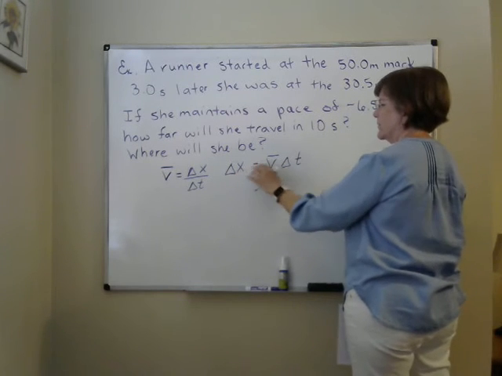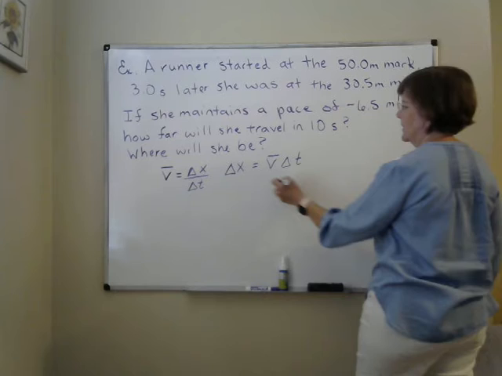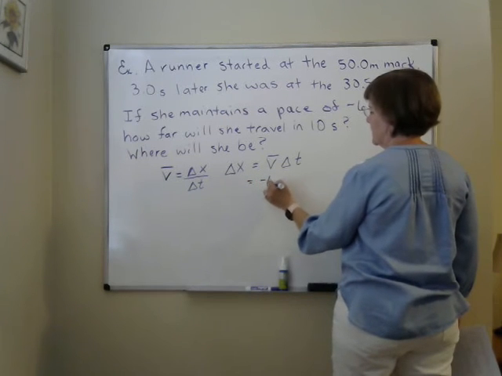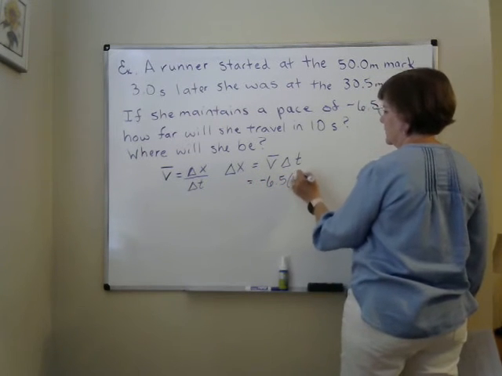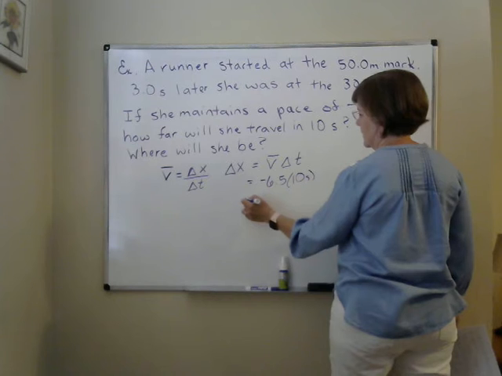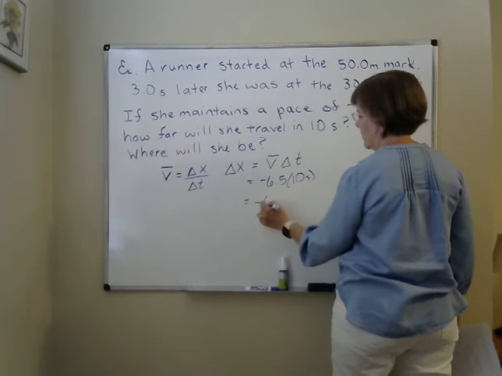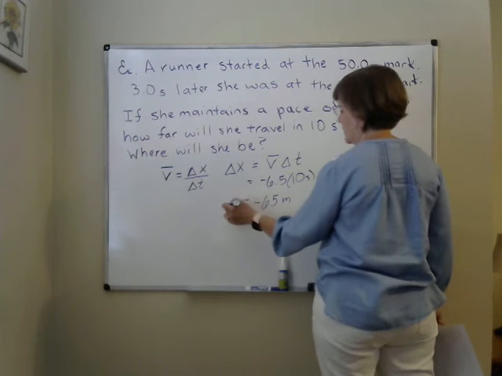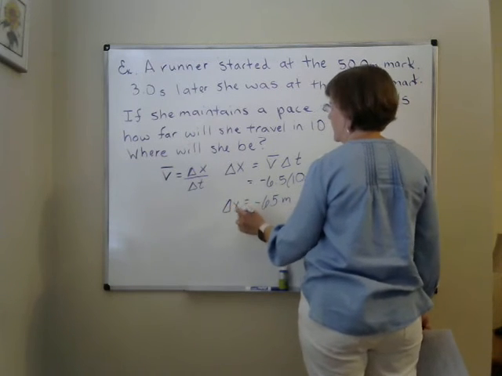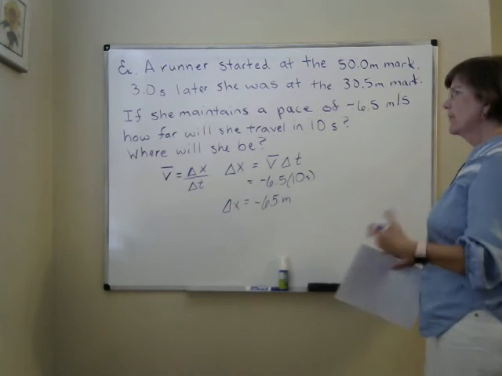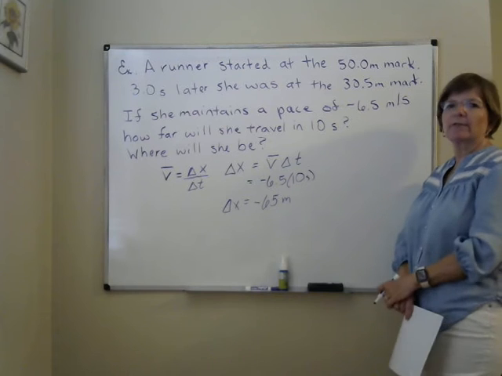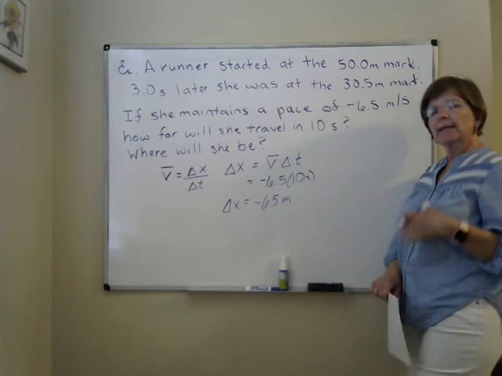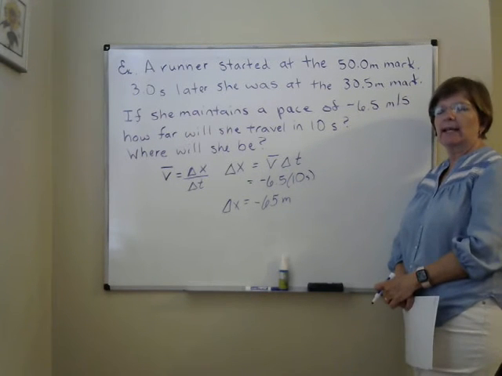How far you travel is your velocity times your time. So here we have negative 6.5 for 10 seconds. She's going to travel, or have a displacement of, negative 65 meters. If we just want the question how far she travels, you could say she traveled 65 meters. The negative tells us she's moving in the negative direction.